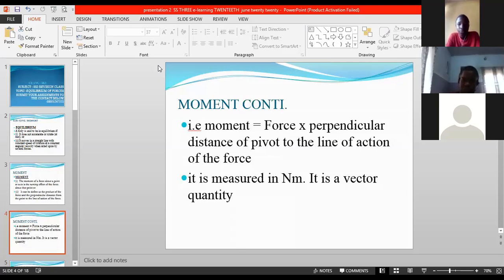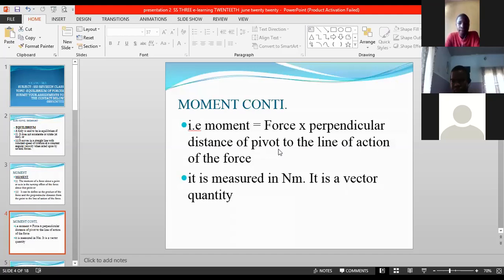So now if they're asking you to calculate the moment, because we are talking about the moment of a force, we said the moment of a force is the product of force and perpendicular distance of pivot to the line of action of the force. So now, in this diagram, what I've drawn here, can you see the board? Tayo, can you see my board?